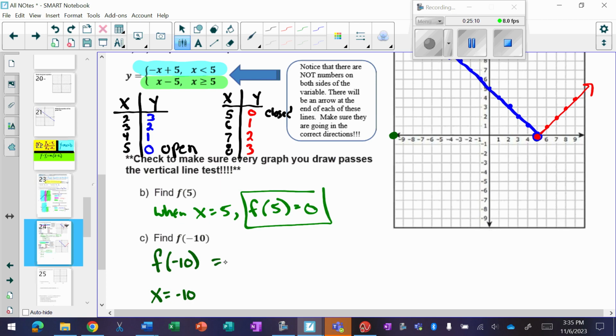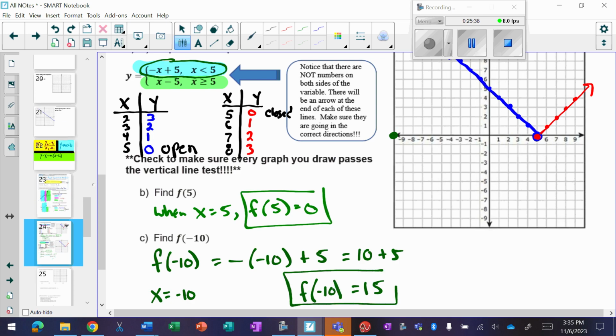So that means I'm going to take the equation negative x plus 5, replace the x with the number negative 10, and then just figure out what number do I get. So when you negate a negative 10, it turns positive, and 10 plus 5 is 15. So f of negative 10 is equal to 15.